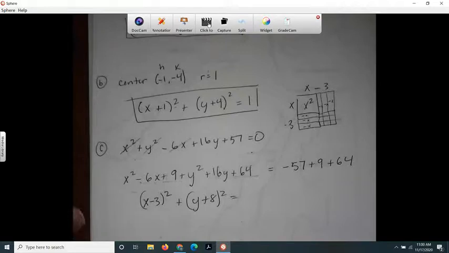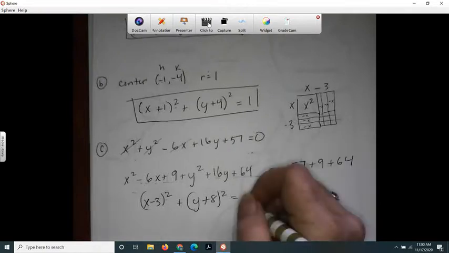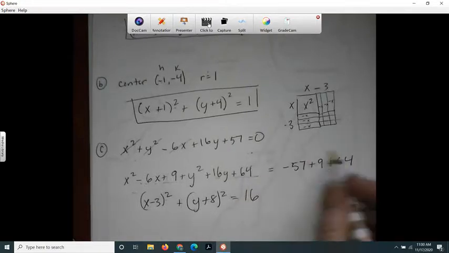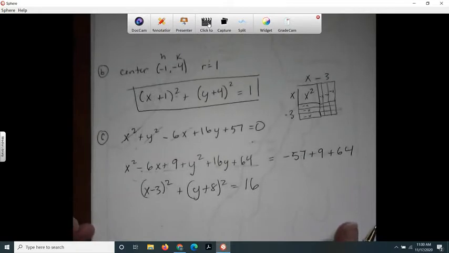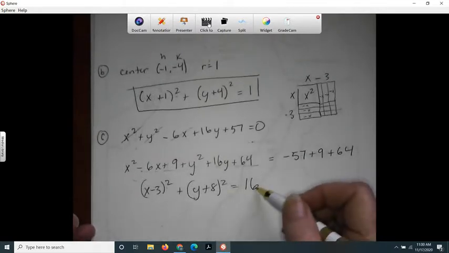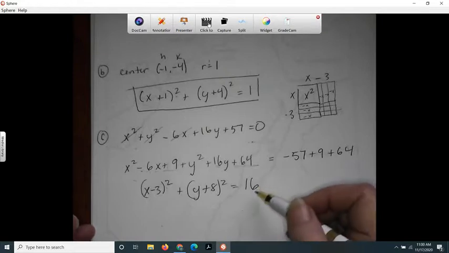So I got 64 plus 9. That makes 16. Right. Combine all those together. And so R is going to be 4. Okay. So this is the answer.